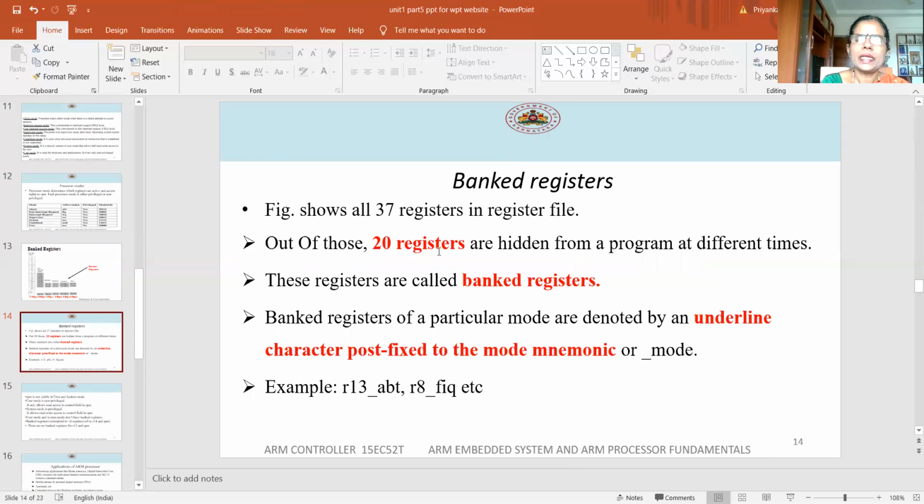Out of those, 20 registers are hidden from the program at different times, and these are called banked registers. Banked registers of a particular mode are denoted by an underscore character postfixed with the mode mnemonic. Example: R13_abt, R8_FIQ, etc.